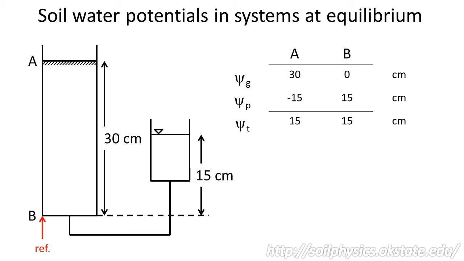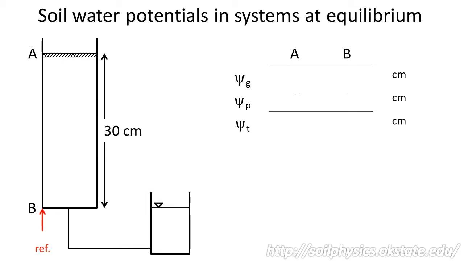We can continue this and change the example once again by further lowering the water reservoir. Now the free water surface is equal in elevation with the bottom of the soil column. Gravitational potential is always where we start, and the gravitational potential at B is 0. At A it is 30 centimeters.